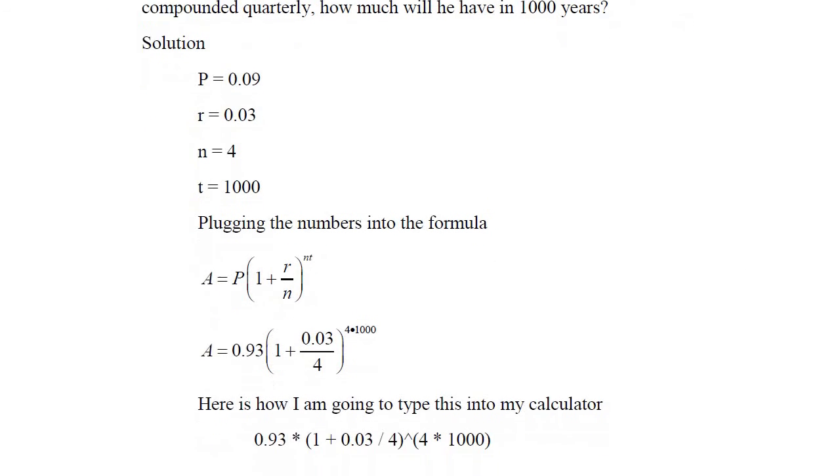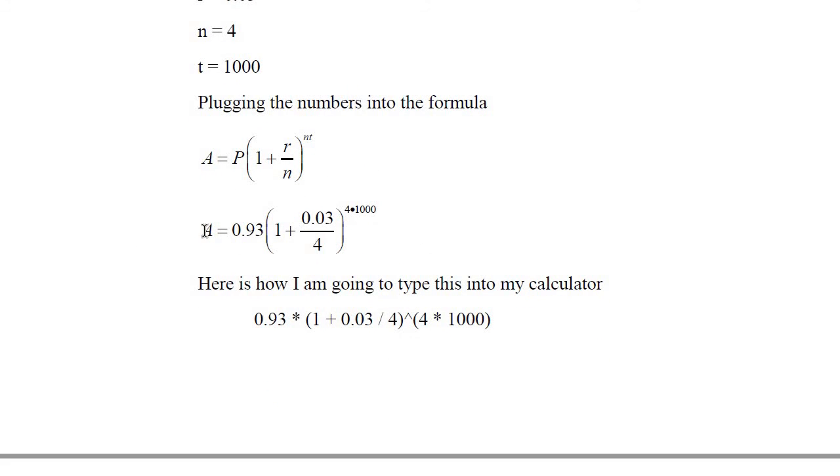So plugging these numbers into our formula, I get A is equal to 0.93 times 1 plus 0.03 divided by 4 raised to an exponent of 4 times 1,000. And here's how I keyed it into my calculator. I did 0.93 times, open parentheses, 1 plus 0.03 divided by 4, close parentheses, exponent, open parentheses, 4 times 1,000.